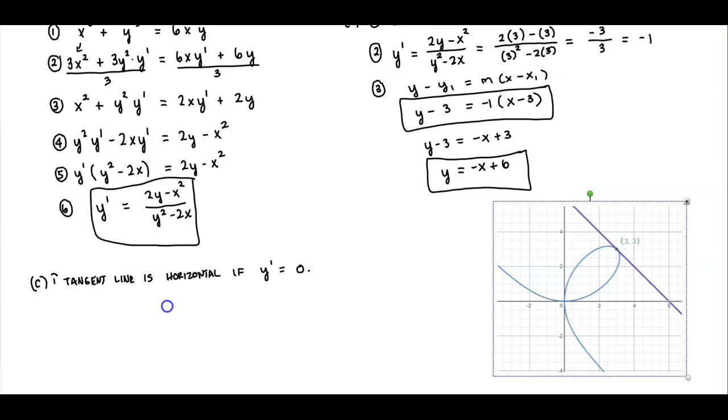If you take a look at part A, y prime is going to equal 0 when the numerator, 2y minus x squared, is equal to 0, provided that y squared minus 2x does not equal 0.